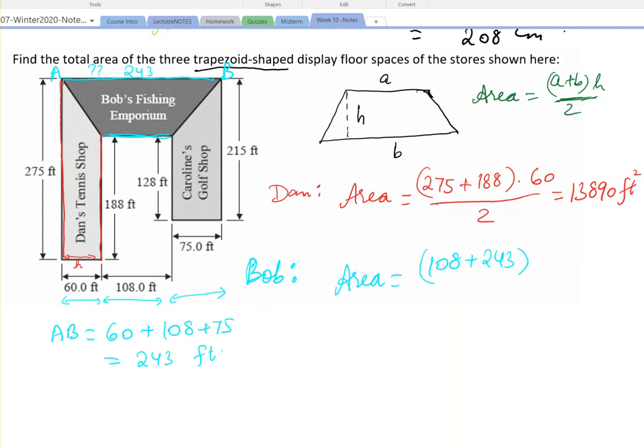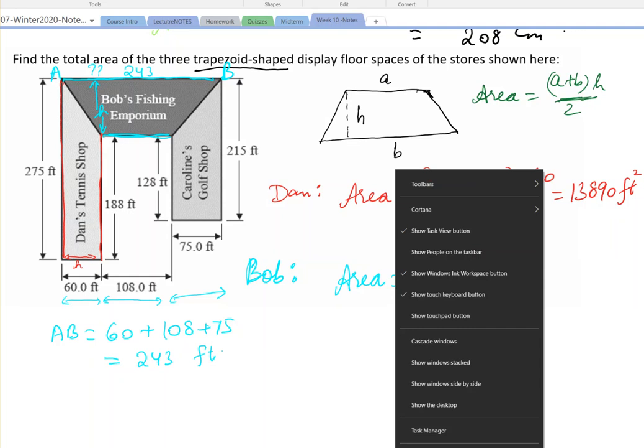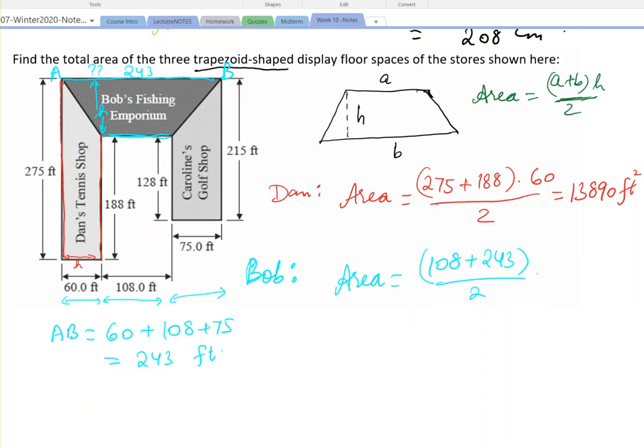And for the height, in order to figure it out, we are going to consider this height. We know that this whole thing is 275. So this much height, I'm going to call it h, would be 275 minus 188.